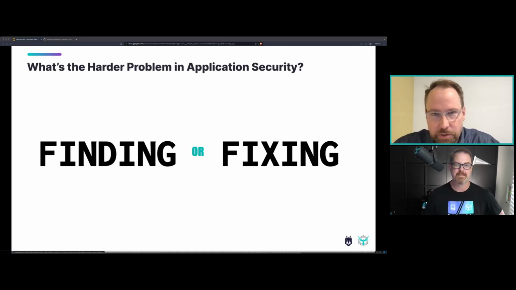Hint, hint. And so I think clearly the harder problem is the fixing side of it, right? I think we can find lots of things, whether we're always finding the right things or not. Maybe there's a question there, but I think it's the fixing side that we see by and large as the harder one.